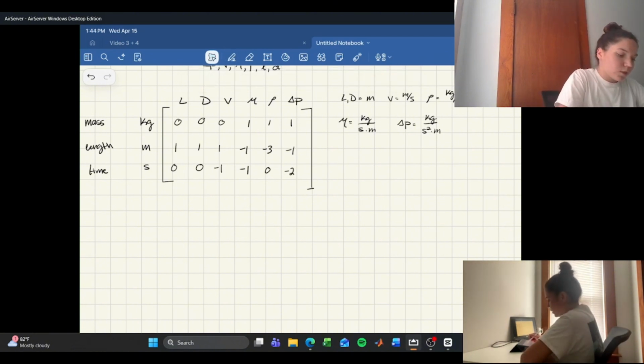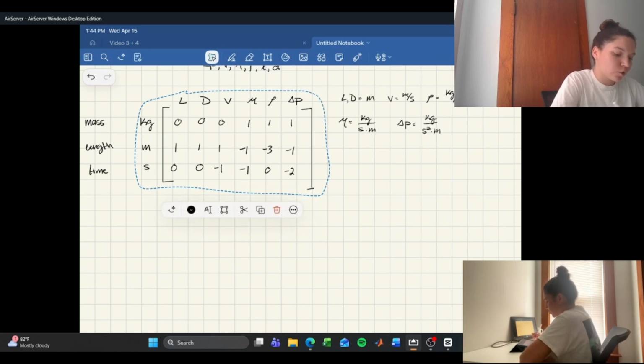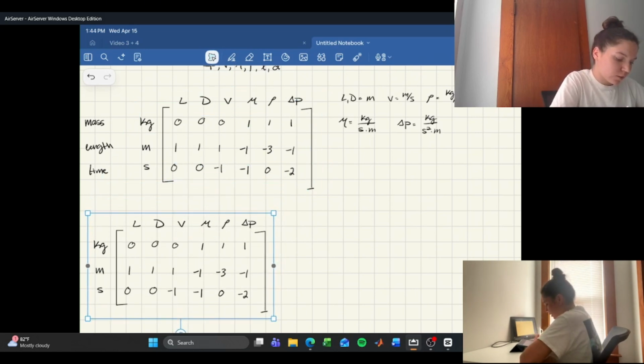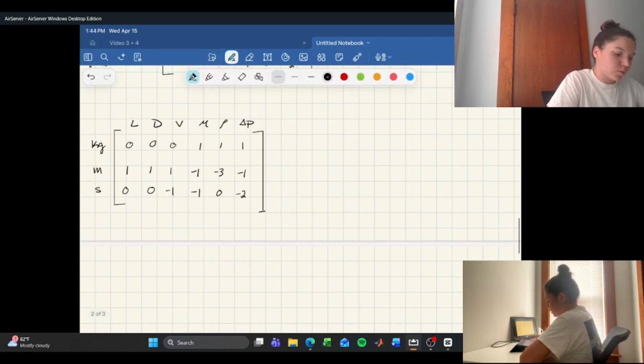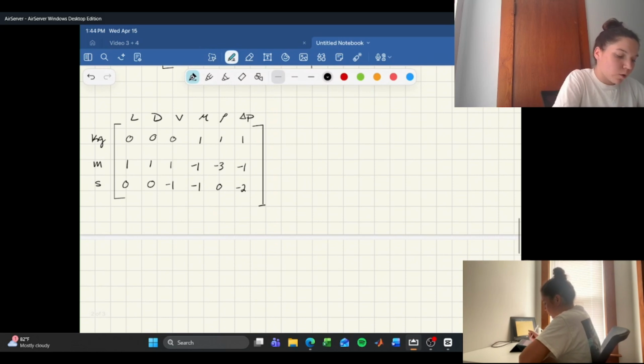Okay, so this we said was the matrix for the flow through the pipe. So I'll move it down here. And to get the dimensionless numbers, that's the goal that we want. We want to multiply this matrix by another matrix, to have all these units of like kilograms, meters, and seconds.